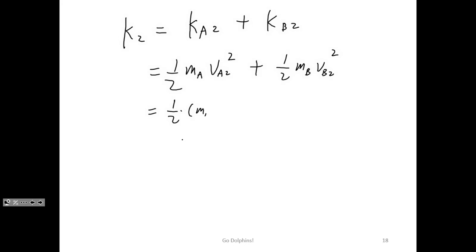So 1/2 times MA plus MB times VF squared, 1/2 times 8 plus 2 times 2.6 squared joules.